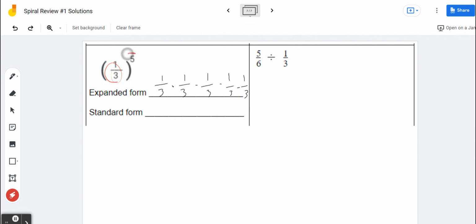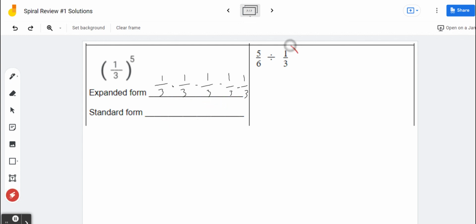This is being multiplied 5 times, so that's what I have here. Standard form means what answer do you get? So what's 1 times 1 times 1 times 1 times 1? And then 3 times 3 times 3 times 3 times 3. You can do that on your paper, but I'm not going to give you that answer. You can solve that on your own.